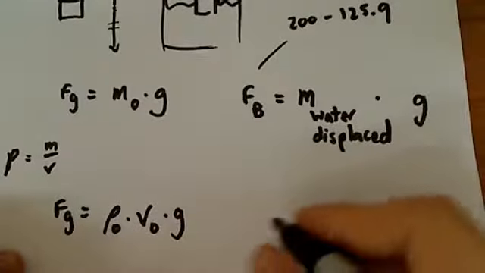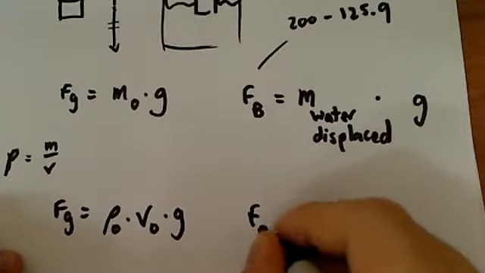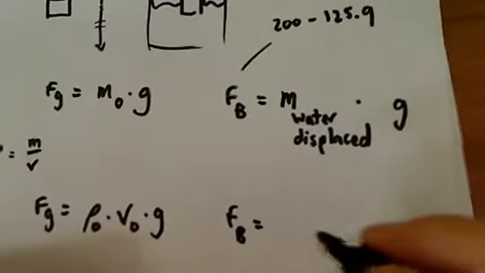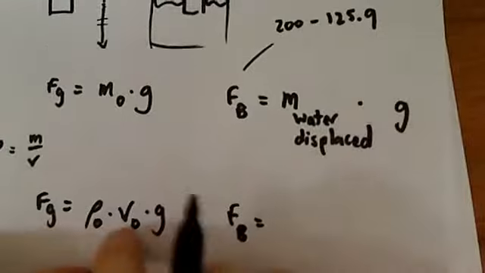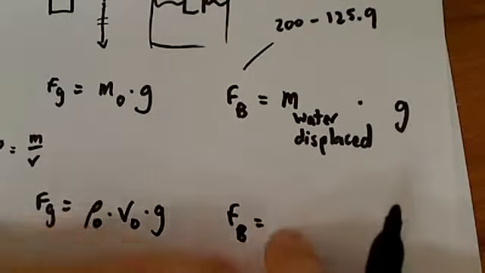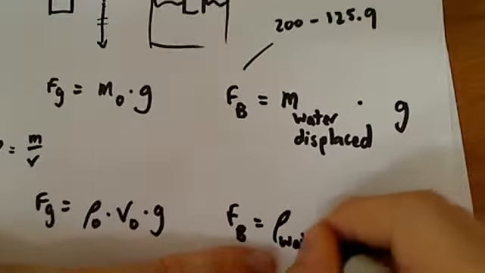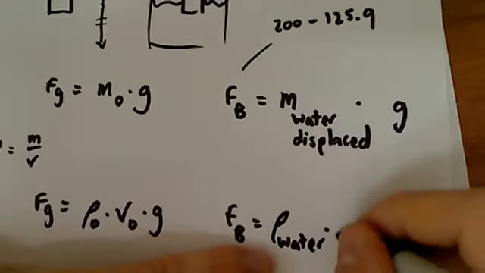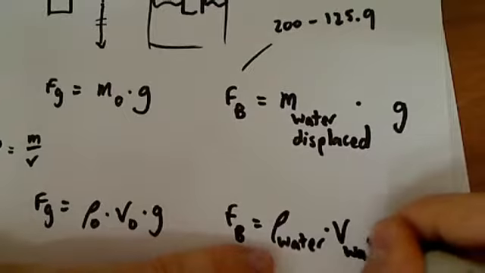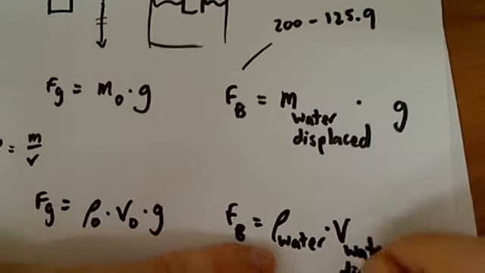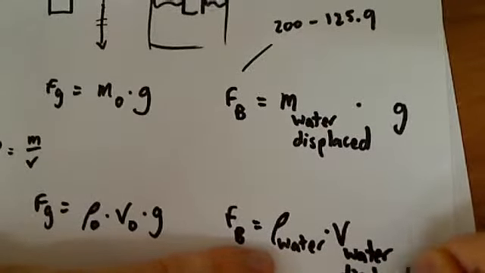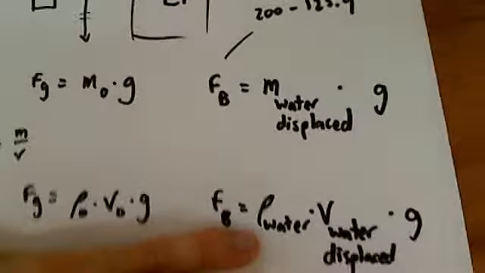Over on this side, with our buoyant force equation, mass of the water displaced is exact same, except instead of the object, I'm going to look at water: the density of water times the volume of the water displaced times g.